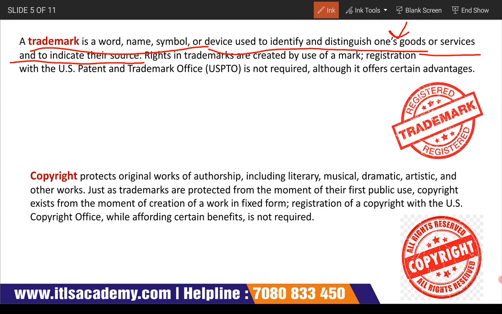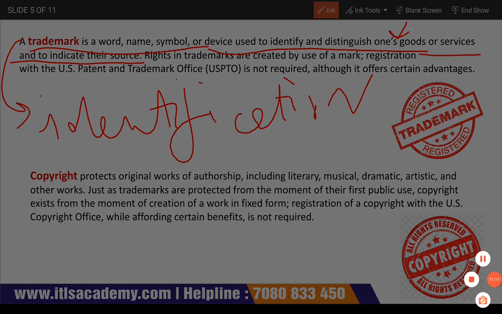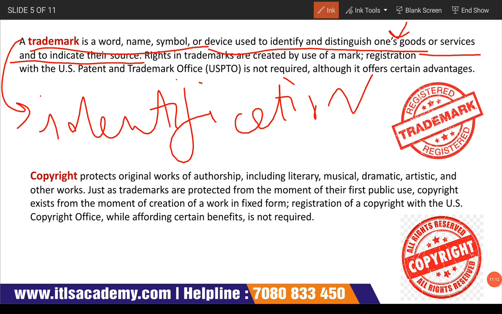In simple words, it is a distinctive word applied to any product.